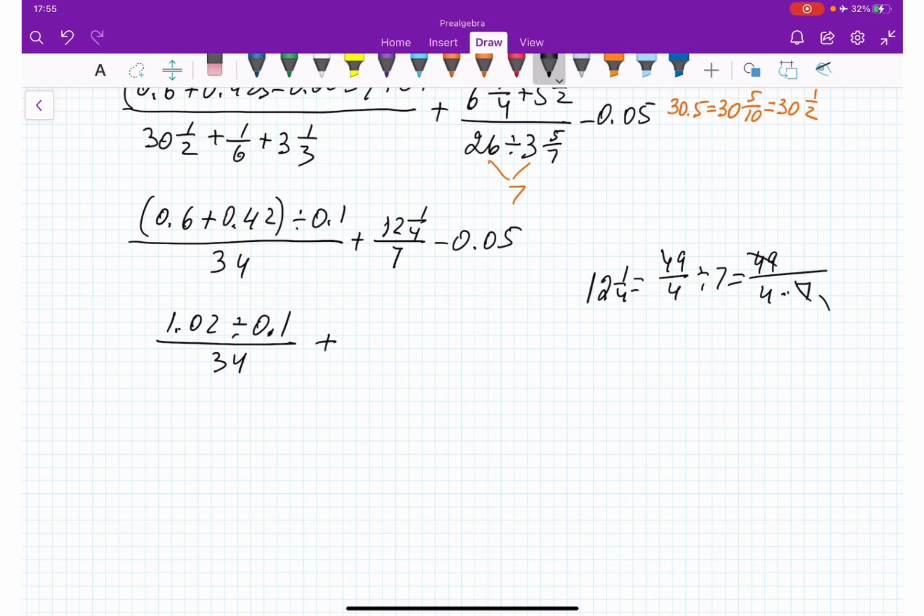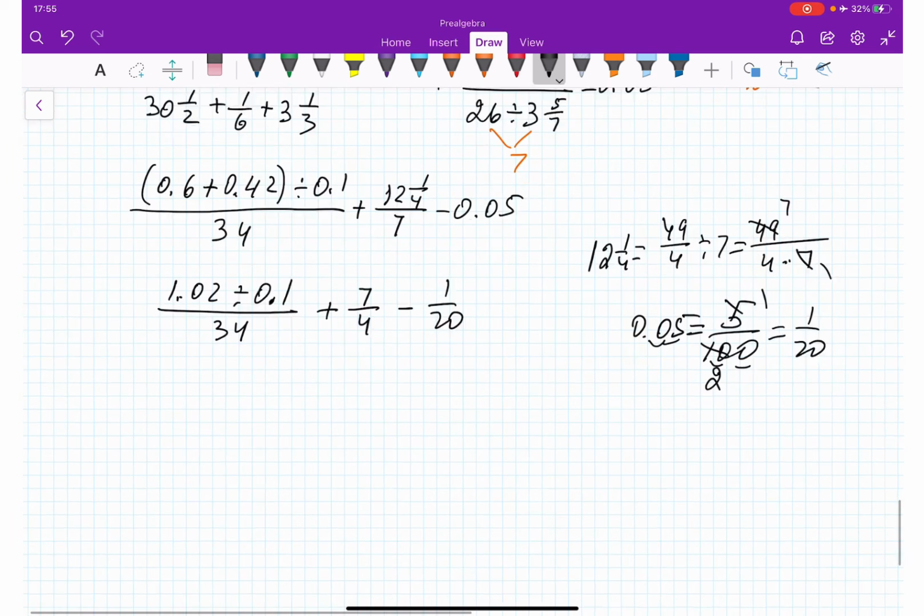This is 1, this is 7, right? Both of them divide by 7. We get 7/4 over 4 and minus 0.05. It's going to be 5/100 because 2 positions, so 0 for each position. And reducing by 5, 1, 100 by 5 is 20, so we have 1/20.